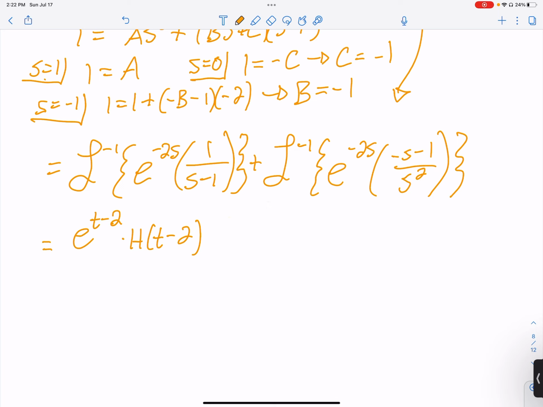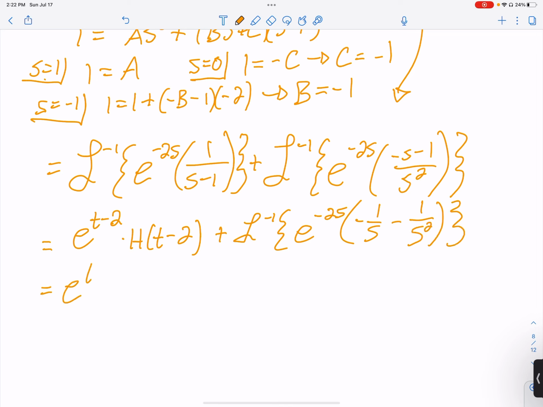That's what that rule calls for. And then the same thing here, but I'm going to split this up a little bit. All right, we can actually split this up to 1 over s minus 1 over s squared. We still have e to the t minus 2 times h times t minus 2. Plus, okay, that's going to still get that same thing, but we get a 1 plus t.